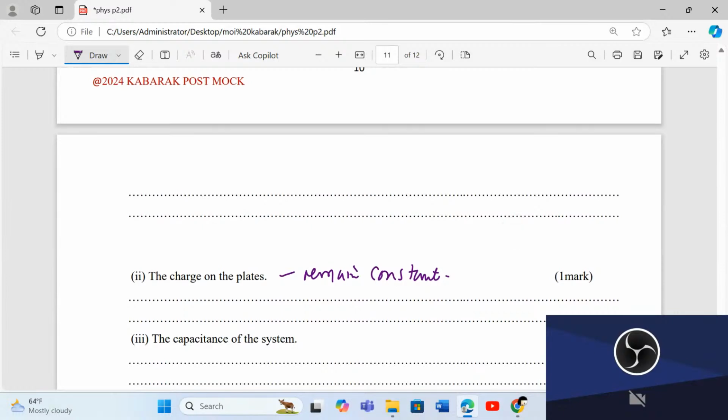Capacitance of the system is equal to Q over V, so this one is going to decrease. Increasing the denominator means that this one is going to go down.